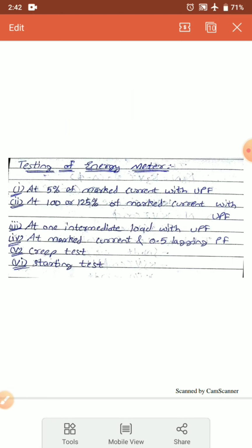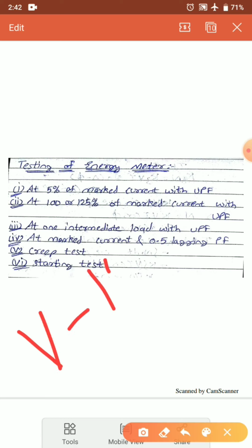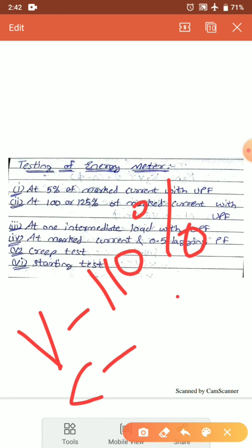The creep test is where the applied voltage of 110% of its marked value is given, that is, whatever parameter is specified, I'll be giving 110% of it, and the current coil will be open, that is, there will not be any supply given to the current coil, only the pressure coil.